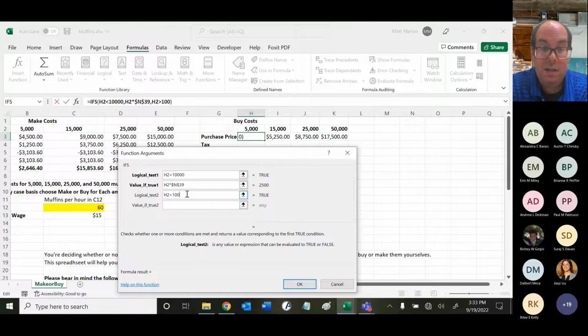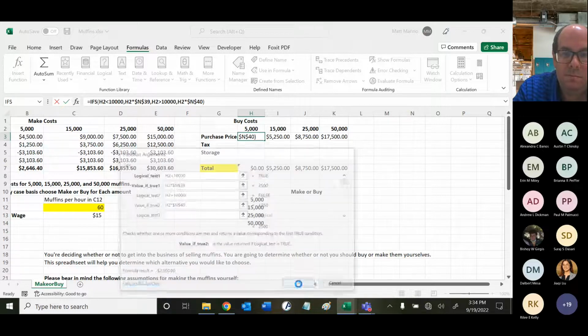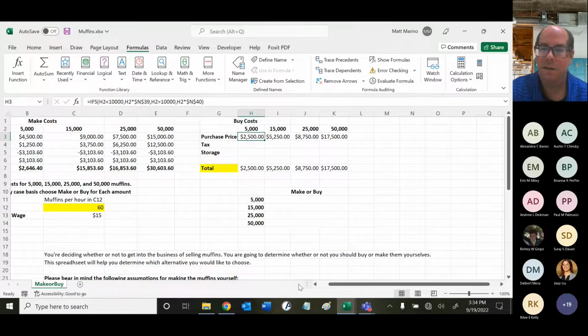H2 greater than 10,000. Then H2 times absolute of N40. And make sure you're putting the absolutes, the dollar signs, in the right spots. So it's always dollar sign before the N, dollar sign before the number. Yeah, it came up good when I used the logic formula and plugged in the same stuff. I just don't know why it wouldn't work when I did it by hand. I don't either. It might have been the commas, something was in the wrong spot possibly.